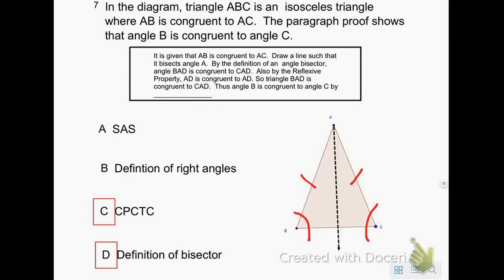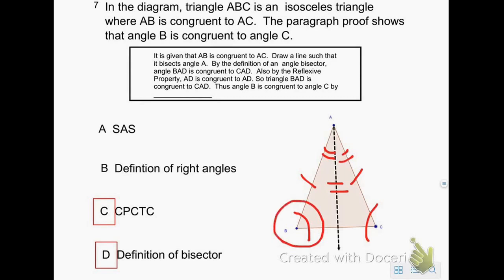By definition of an angle bisector, angle BAD is congruent to angle CAD. I could mark that. Also, by the reflexive property, AD is congruent to AD. So triangle BAD is congruent to triangle CAD. Thus, angle B is congruent to angle C by blank.